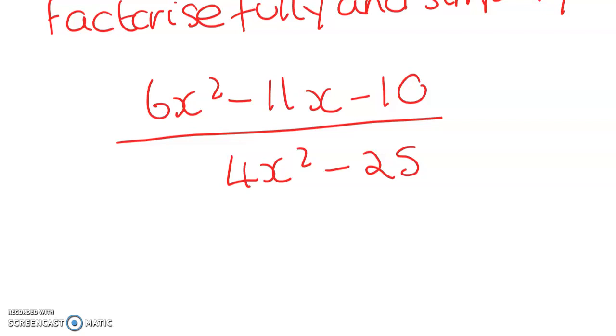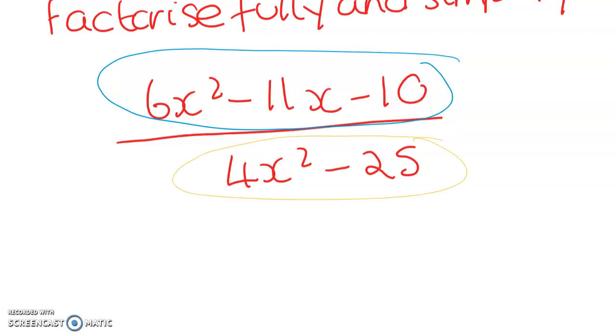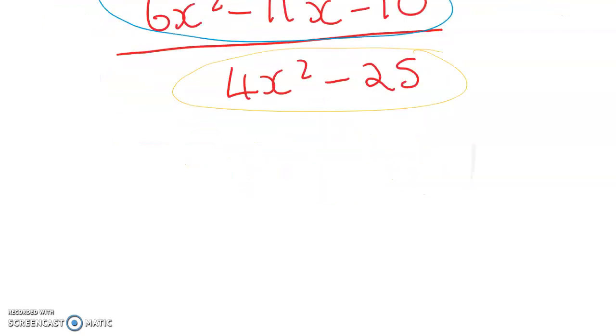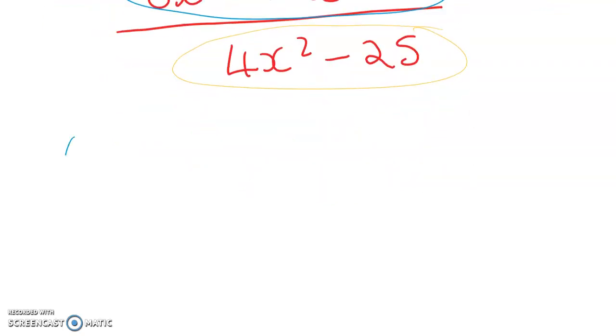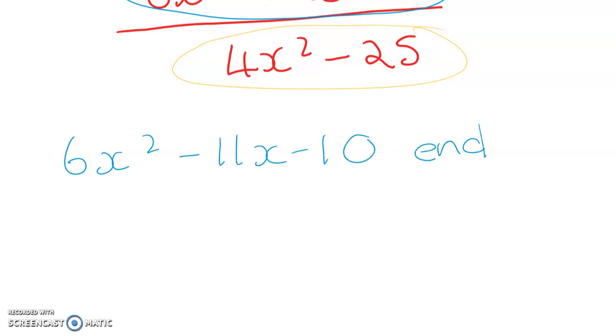So I need to factorize. I'm going to circle that in blue and circle the one underneath in gold. That means in my head I need to do them separately. First of all, 6x squared minus 11x minus 10. I've got a start, a middle and an end in my head.